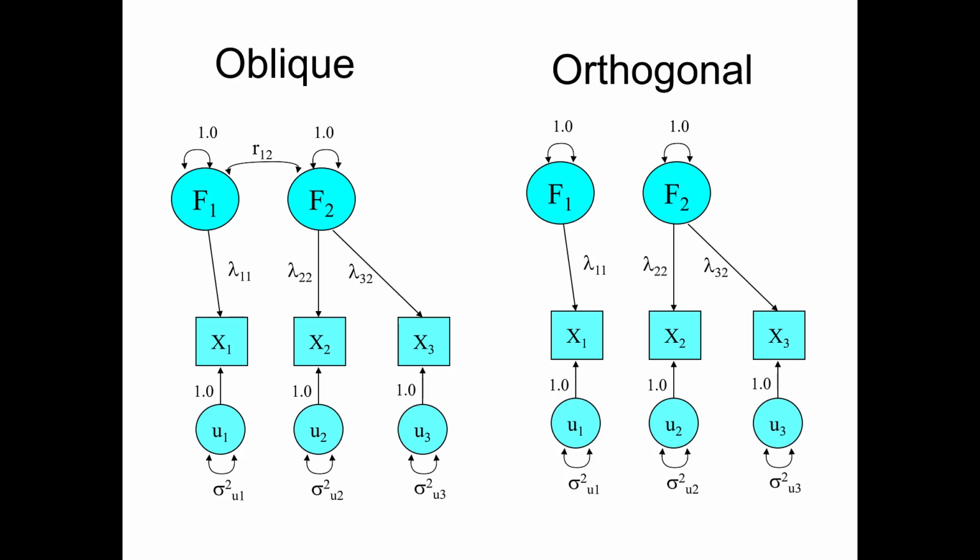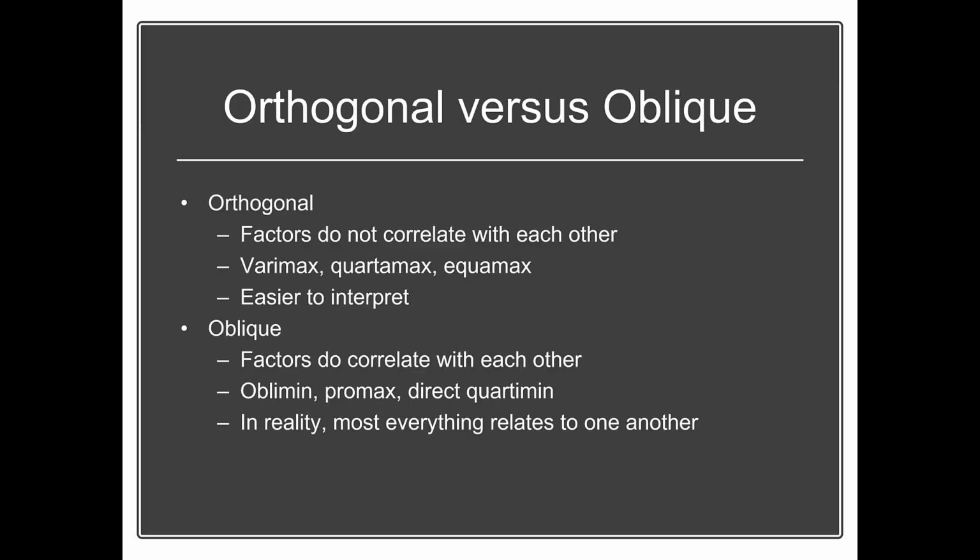There are reasons we use orthogonal, and the main reason is it's much easier to interpret. The example I'm going to give later is orthogonal just because it's easier to interpret. So we probably think things are always correlated, but we'll do a lot of orthogonal, saying the factors are not related, because it's easier for us to interpret.